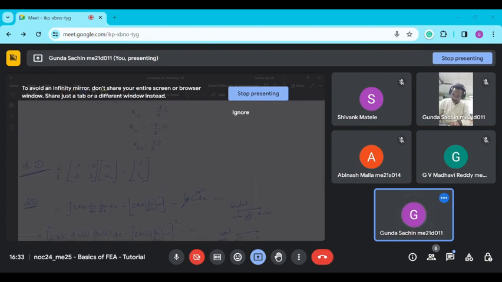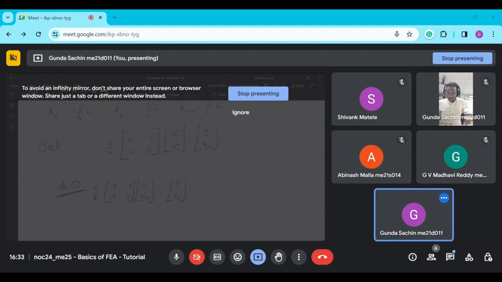This is for the second element, and you have the equation for the first element, which is this term. This is your equation for the first term, and these are u11, u1, u21.